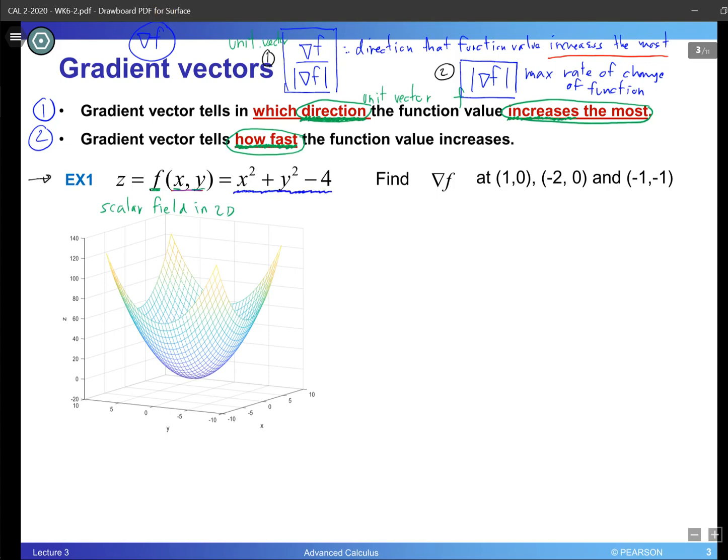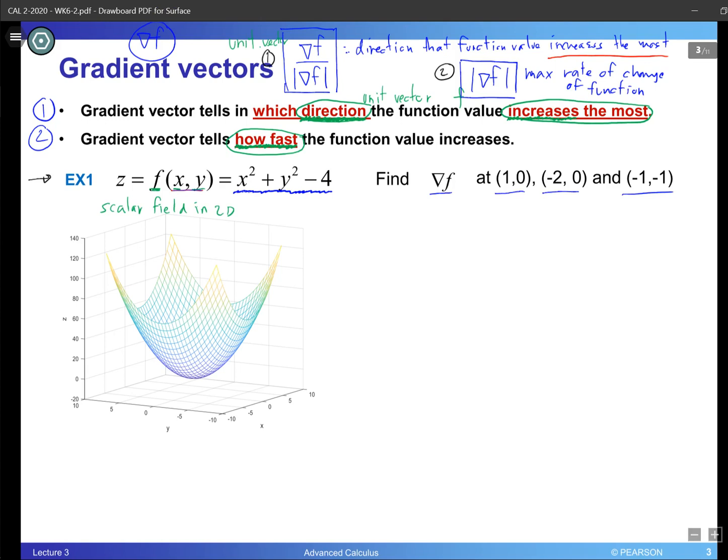So we have this scalar field to work with, and then they ask for this gradient of f, all right? Gradient of f at 3 points, (1, 0), (-2, 0), and (-1, -1). When it comes to the calculation of the gradient, it's kind of easy, so let's take a look here. All we need to do is to follow the formula.